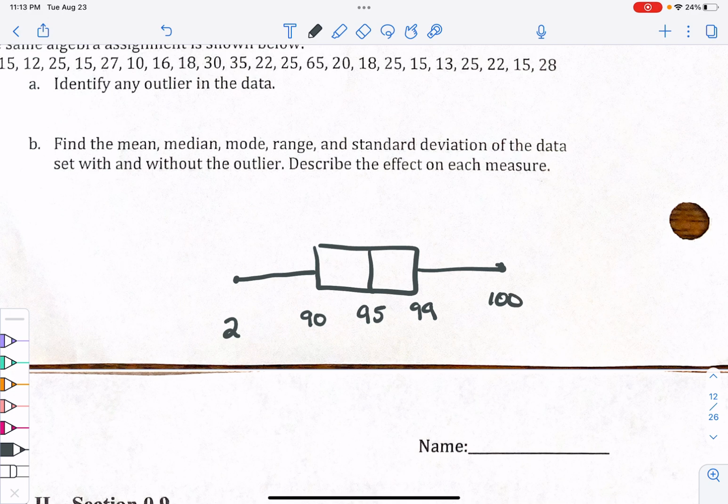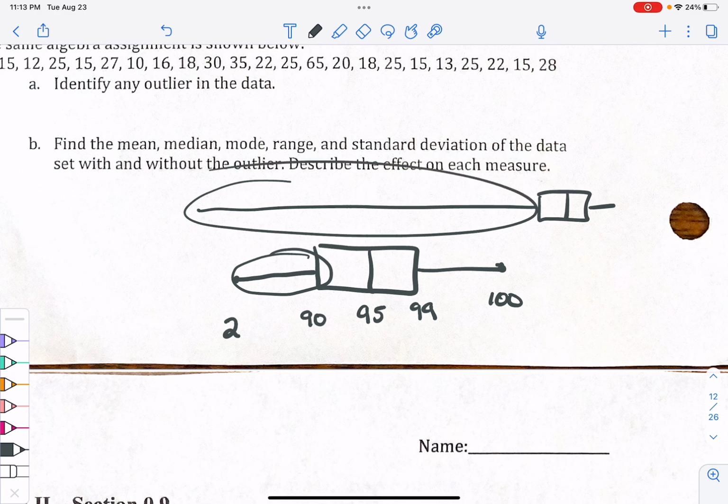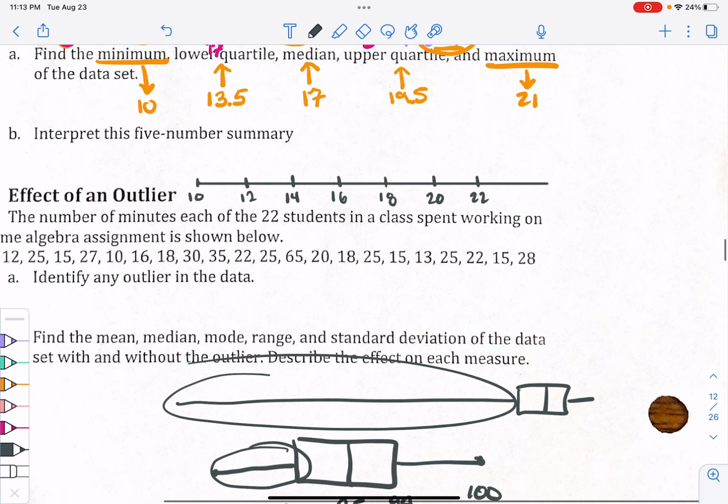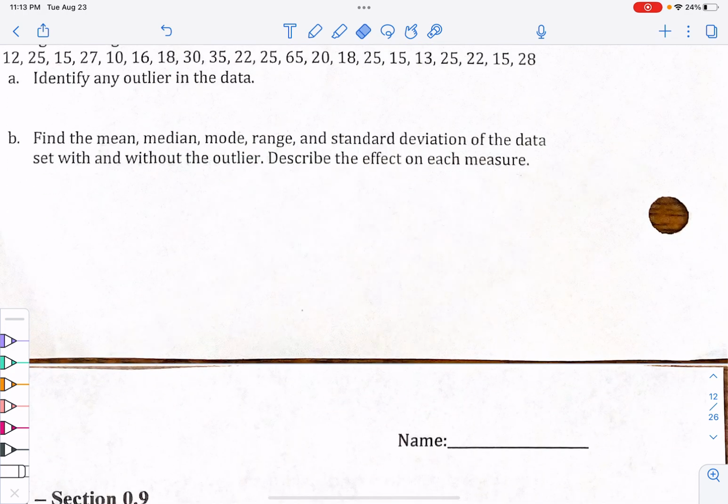Now, that's obviously not spread apart and grouped the way that it's supposed to be. There's a lot of numbers between 2 and 90, so this box and whisker plot should look like this, right? That's how it should look, because this is really spread apart. So that's why I make a number line ahead of time, so that it prevents me from trying to make it look distributed a different way than it should be.